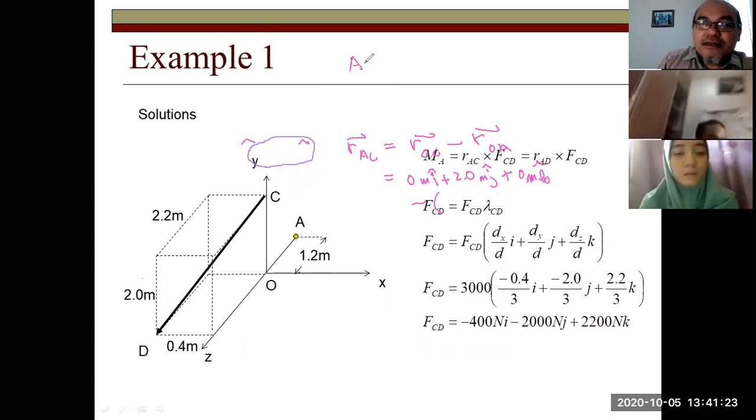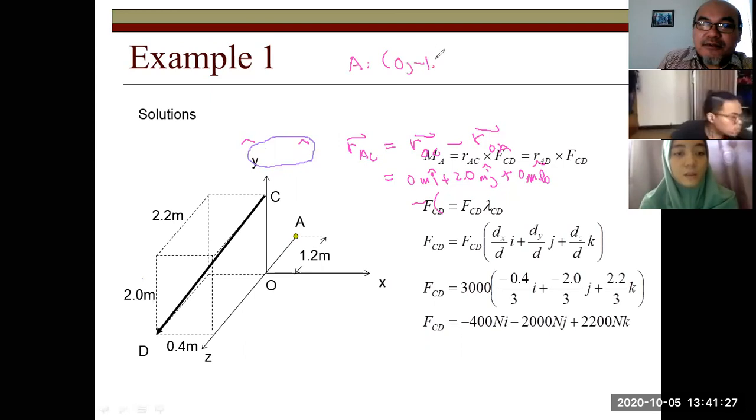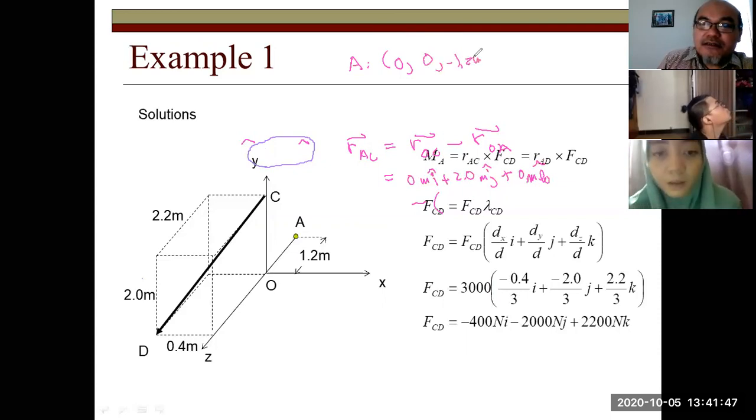The coordinate of A: X is 0, Y is 0 also, the Z is minus 1.2 meter.